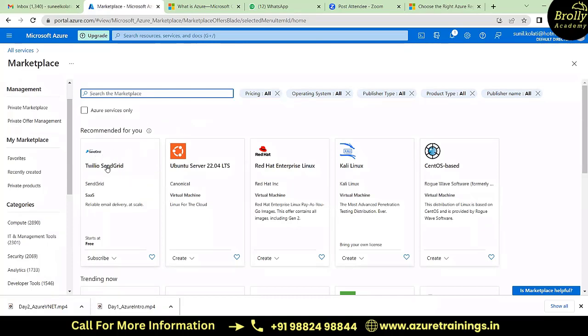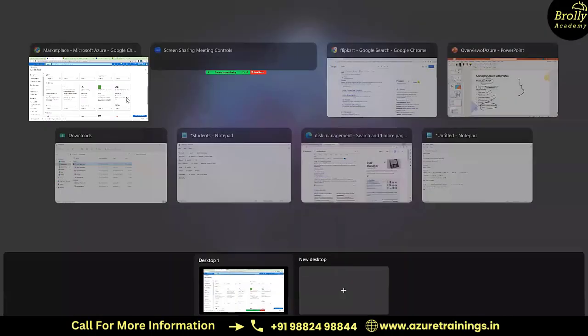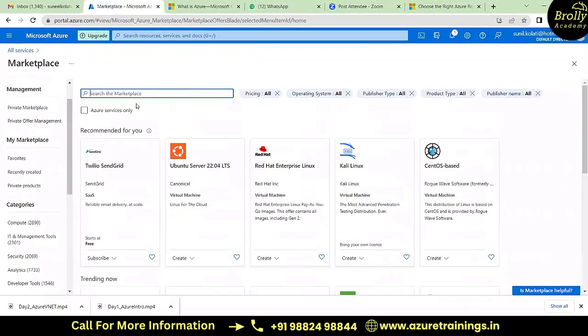So if any company like TCS or Infosys is using this product on premises, they can simply use a similar kind of product in Azure, because this company integrated a similar product in Azure. So that's how many companies integrated their products into Azure. You can see all the products in marketplace.